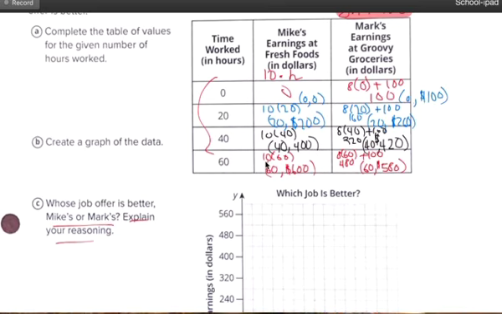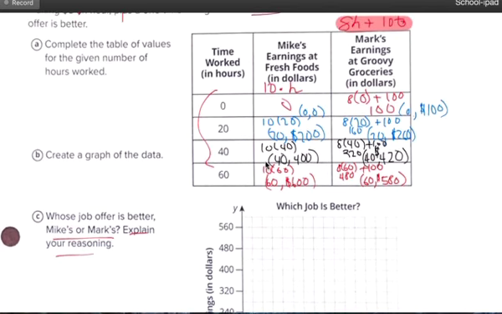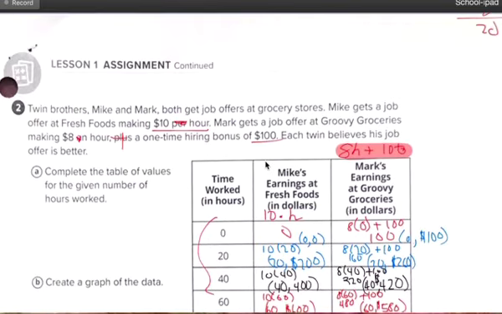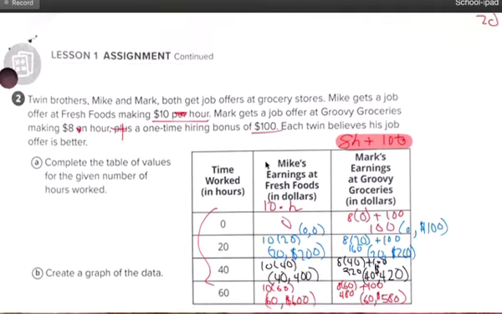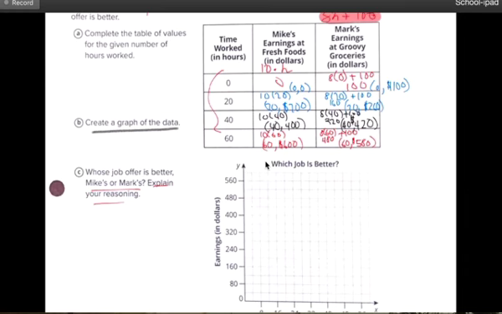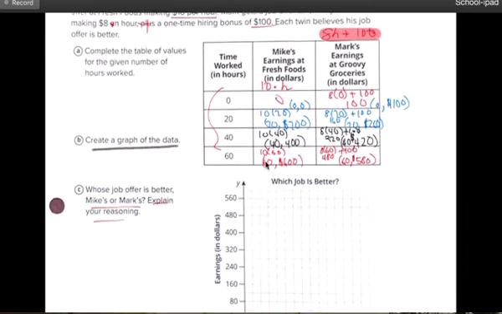Looks like at 60 hours or greater, Mike's going to make more. 0 to 40 hours based on the table. See, based on the table, are they going to have us graph it? Create a graph of the data. Okay, then explain. Okay, let's do Mike.